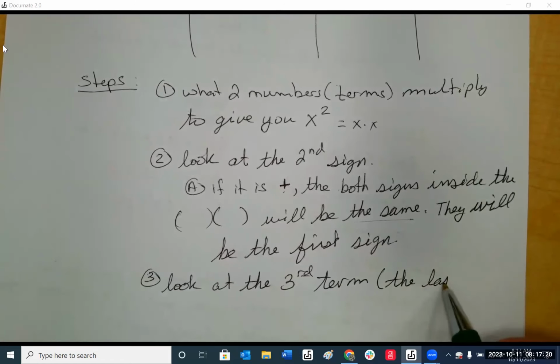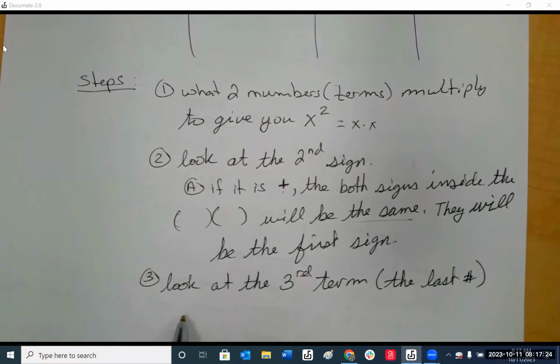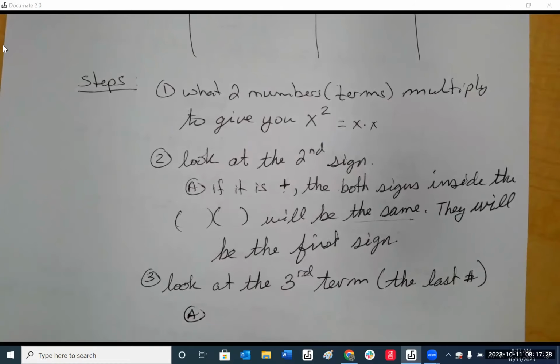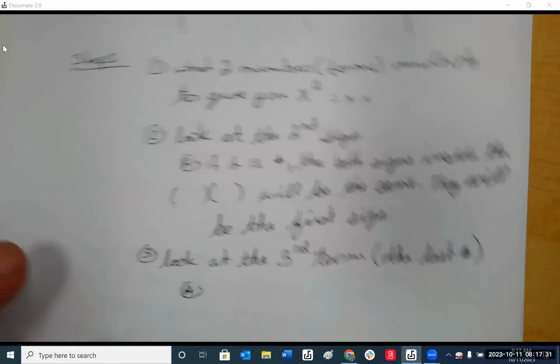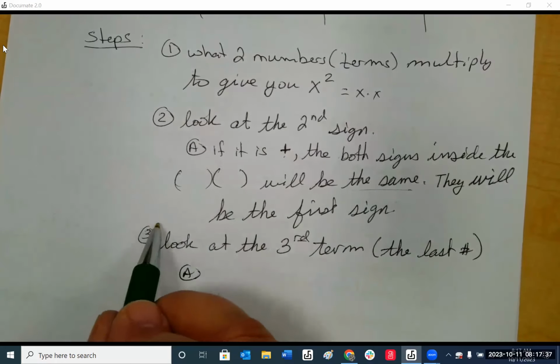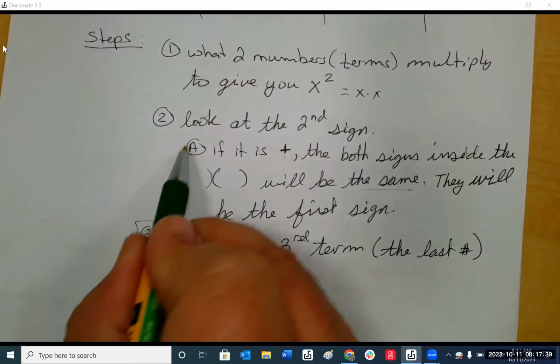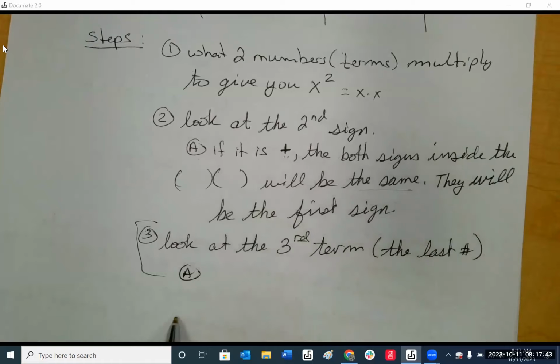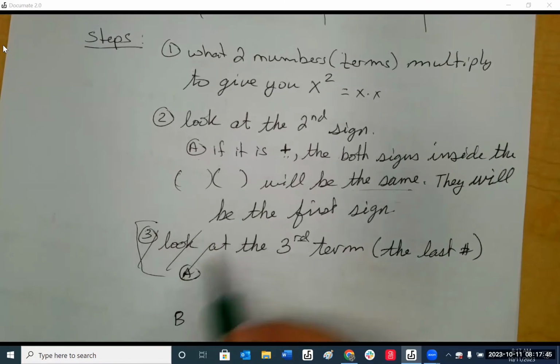The last number, the constant. Hold on, I'd finish this one. If the second sign is a plus, they're both the same. So we'll come back to this in a little bit.